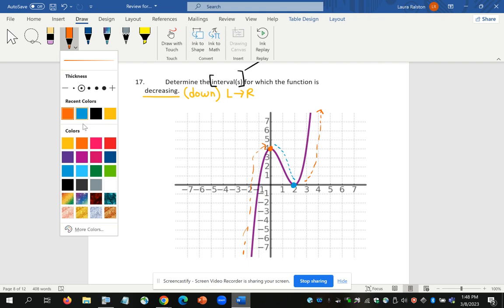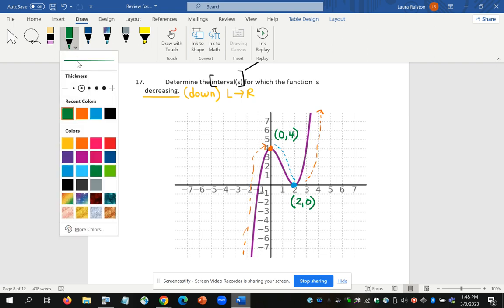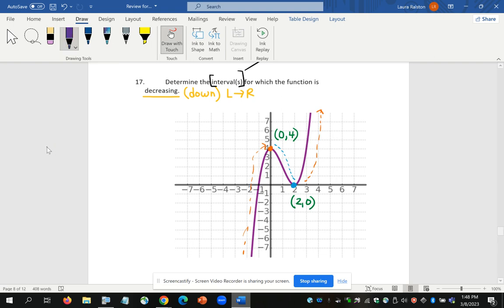So I have 2 points of interest. This first point at the top of the hill is at 0, 4. The one at the bottom here is 2, 0. So I go down, I am decreasing between the x values of 0 and 2.